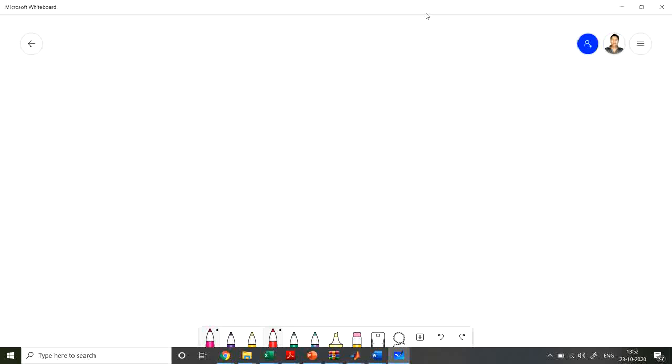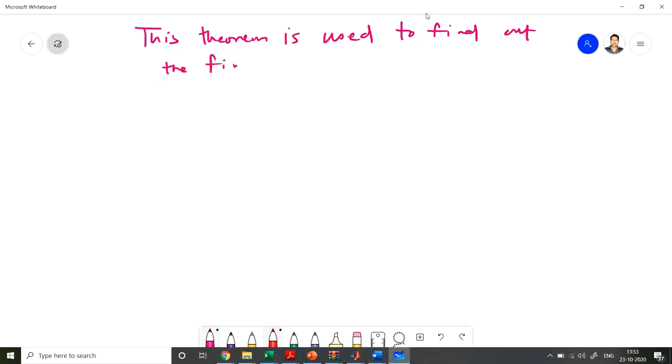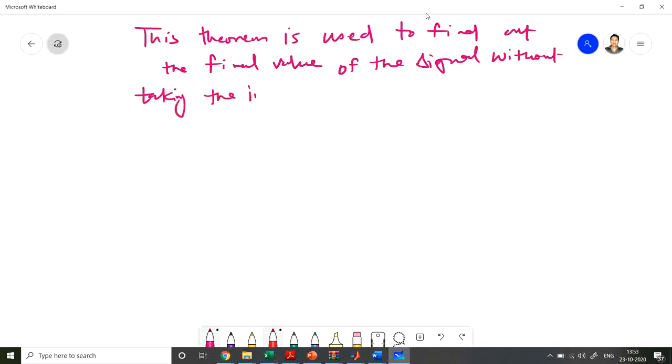So this theorem is used to find the final value of the signal without taking the inverse Z transform.